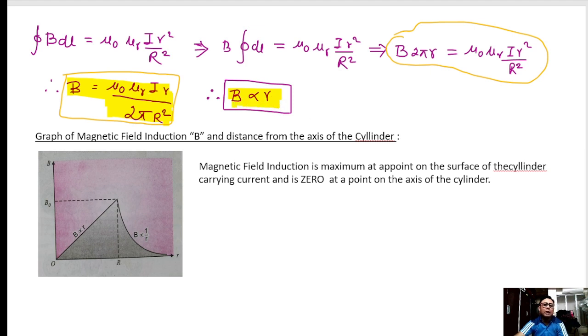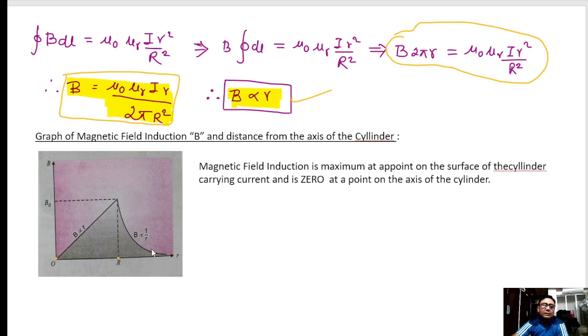If we draw a graph showing the magnetic field with the distance, at the center the magnetic field is 0. Till the surface, the magnetic field is directly proportional to r, so it will rise like this.